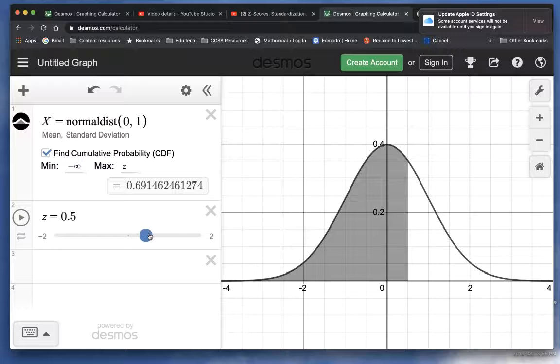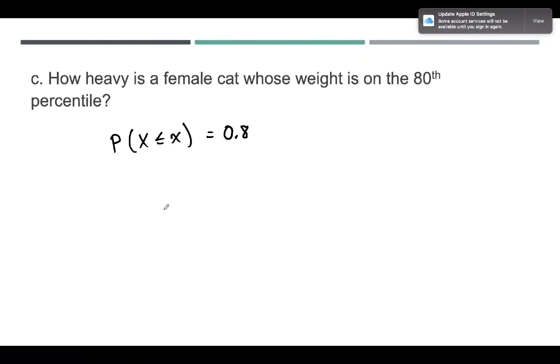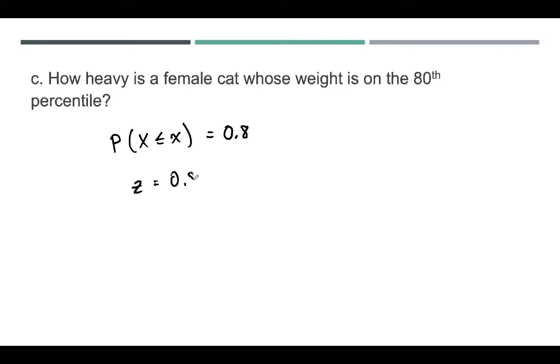And if I'm over here, I'm going to slide this around until I get as close as I can to 0.8. Okay, that's really close. So a z-score of 0.85. So if I want this to get into the 80th percentile, then I'm going to want my z to be 0.85. But that's not the question.